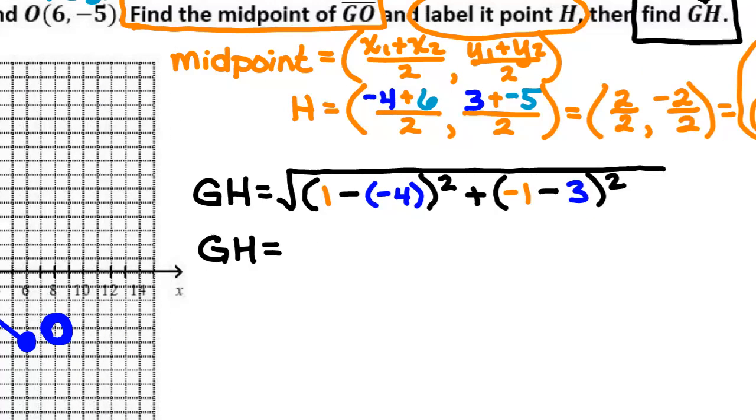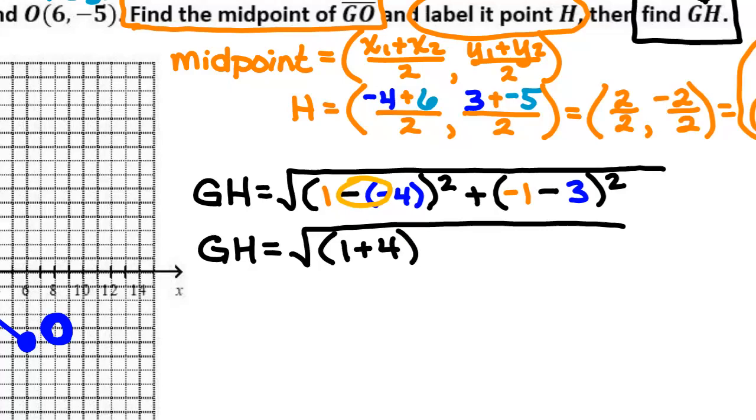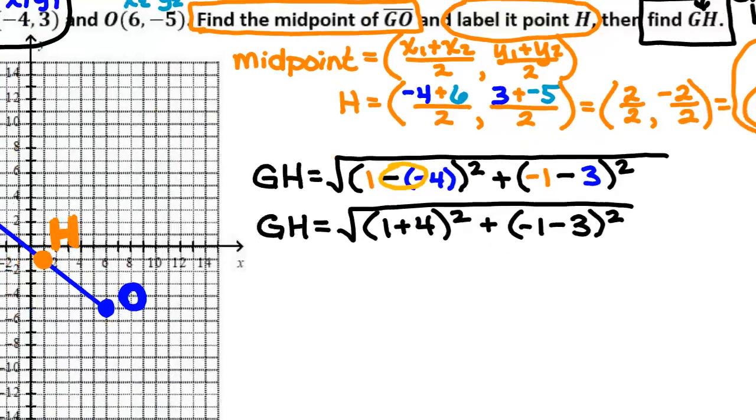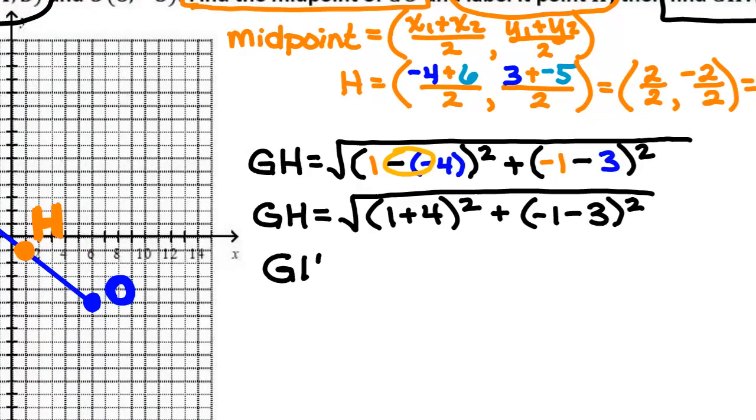What happens in the first set of parentheses where we're subtracting that negative? Becomes addition. Always write it down as subtraction first and change it to addition if the problem calls for it. So I have 1 plus 4 squared plus negative 1 minus 3 squared. What is 1 plus 4? 5.